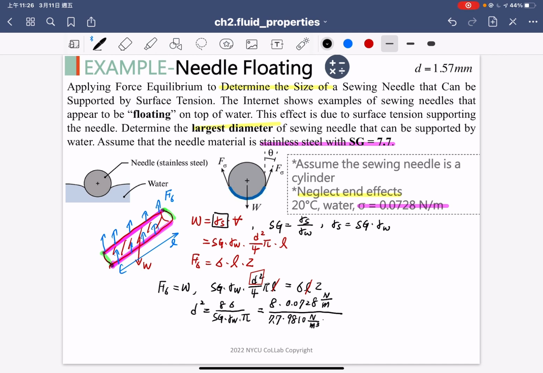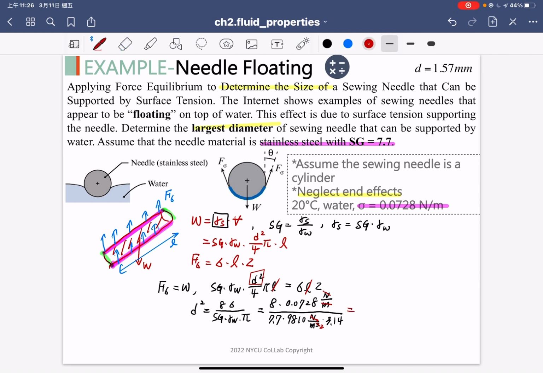And the pi, I use 3.14. Okay, so you can double check whether the dimensions are correct or not. So the Newton cancels out, and one meter cancels out, so the meter here becomes meter squared.